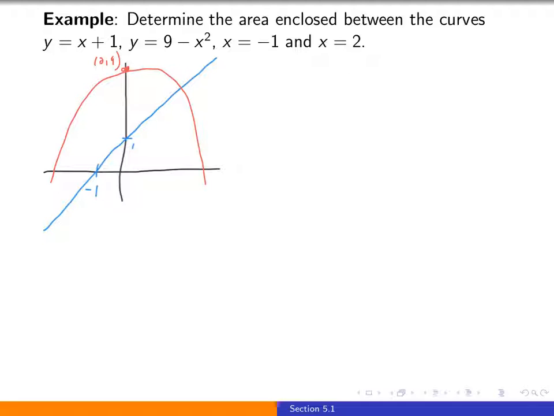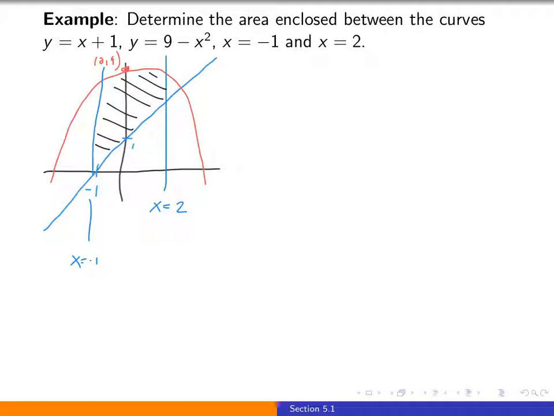And we need to go from x equals minus 1. So see here, x equals minus 1 would be the line drawn here. And then x equals 2 would be the vertical line drawn here. And looking at our picture, we now see this nice enclosed area that we wish to calculate.